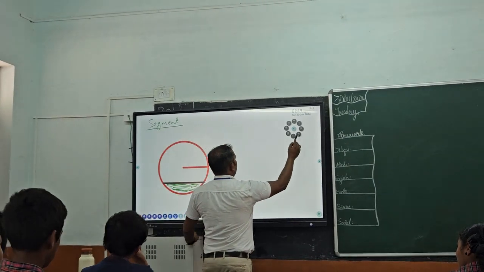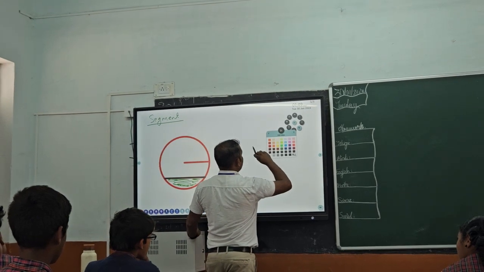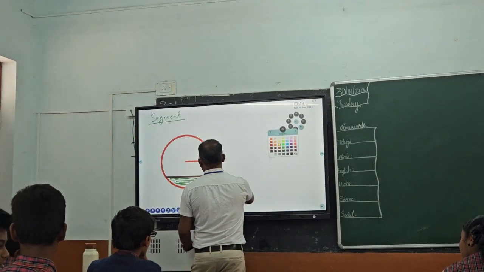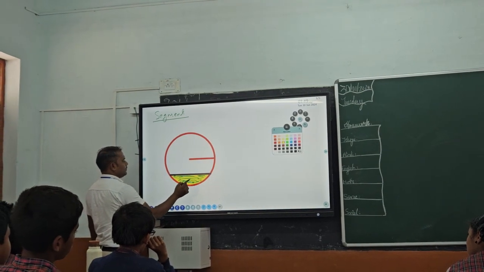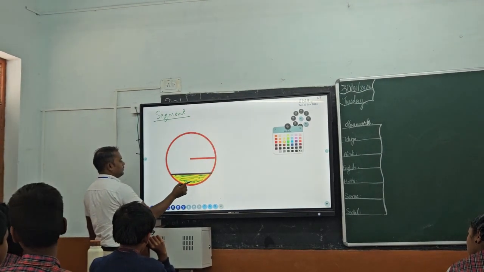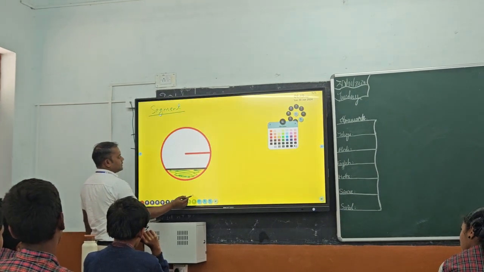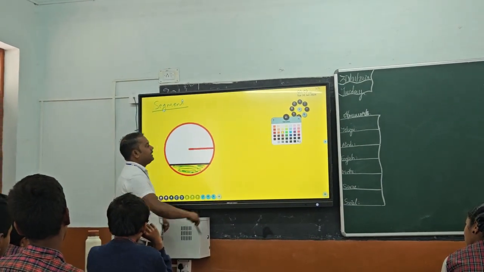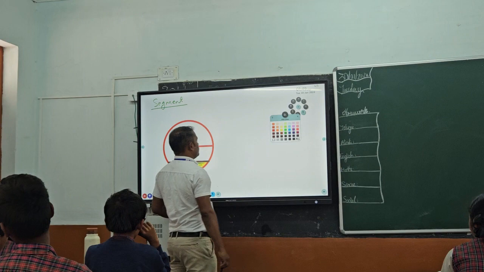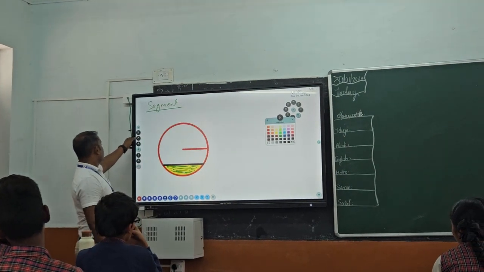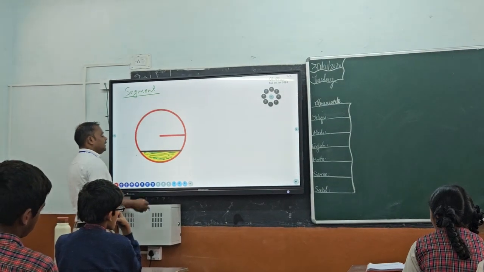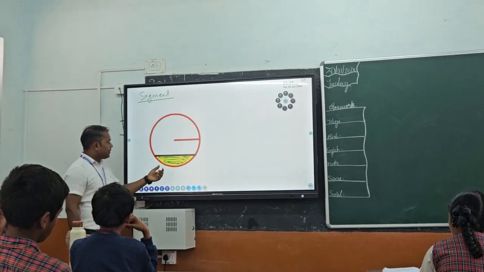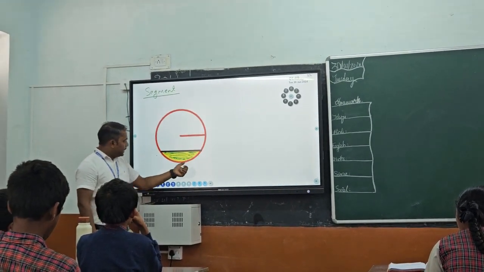So what will happen? This part Abhiram ate. Now, since this is smaller, what do we name this smaller one? Minor segment. Now, what is the segment? Area formed by the chord and the arc.